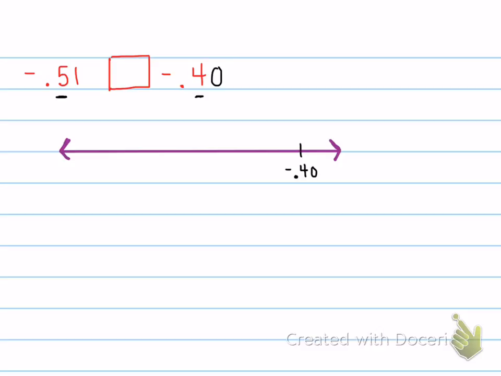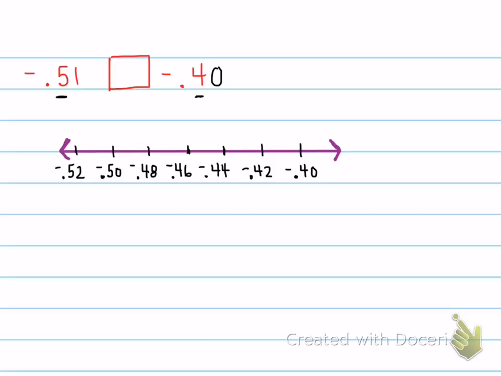I'm going to count by 2's. So negative 42 hundredths, negative 44 hundredths, negative 46 hundredths, negative 48 hundredths, negative 50 hundredths, negative 52 hundredths.